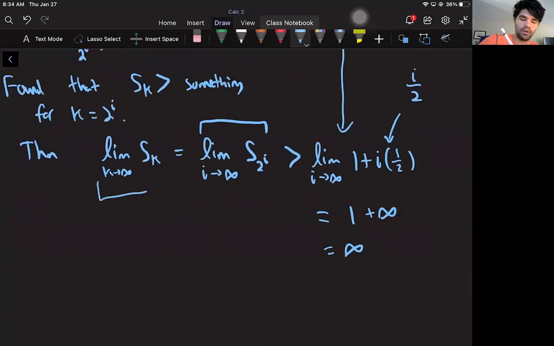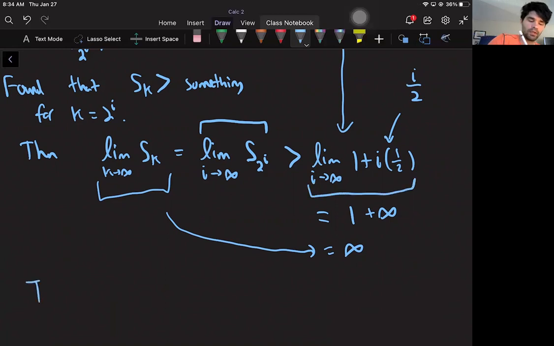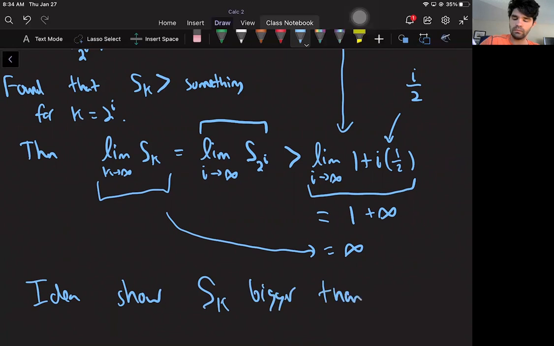So what we've shown in a very roundabout way, without actually ever knowing the partial sums, is that the limit of the partial sums will be infinity, because we do know that they'll be bigger than something that goes to infinity. So that's the idea. We show S_k is bigger. We never actually get a formula for S_k.